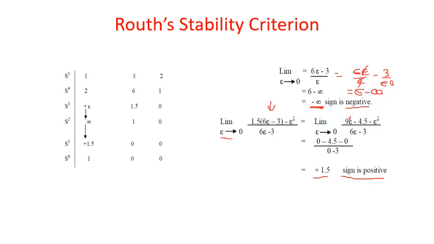Next, after substituting epsilon equal to 0 in the first column, in the S2 row first column, we got the value minus infinity. The rest is 0 like that itself only.